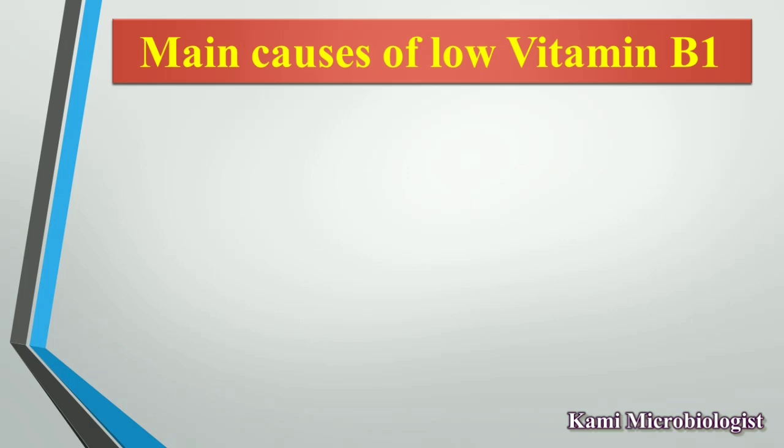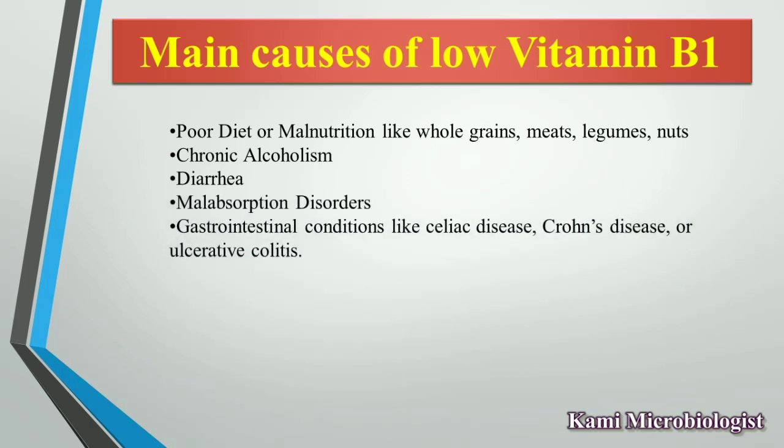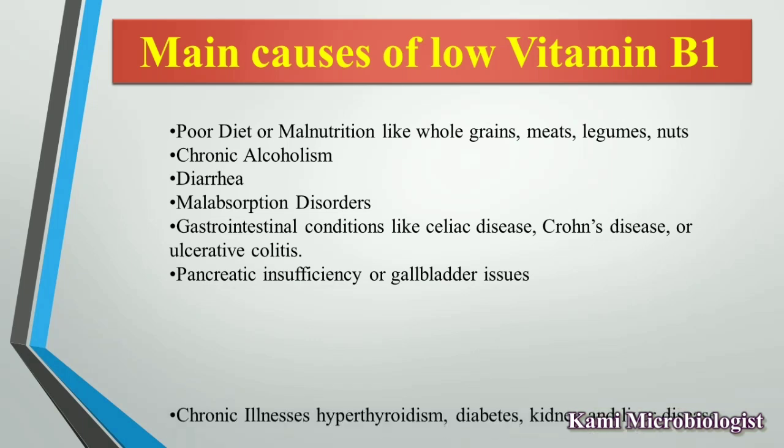Let's see the main causes of low vitamin B1. It is due to poor diet or malnutrition, lacking whole grains, meat, legumes, and nuts. It is due to chronic alcoholism, diarrhea, and malabsorption disorder. It is due to gastrointestinal conditions like celiac disease, Crohn's disease, or ulcerative colitis, pancreatic insufficiency or gallbladder issues.